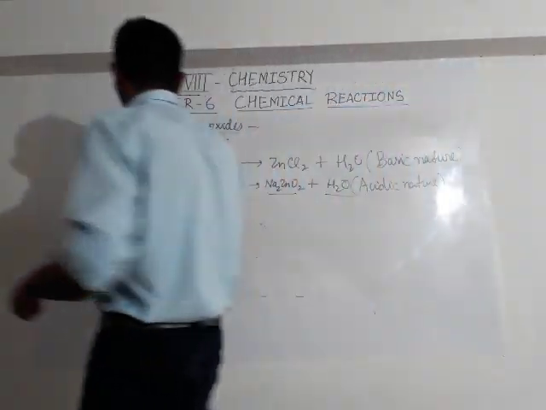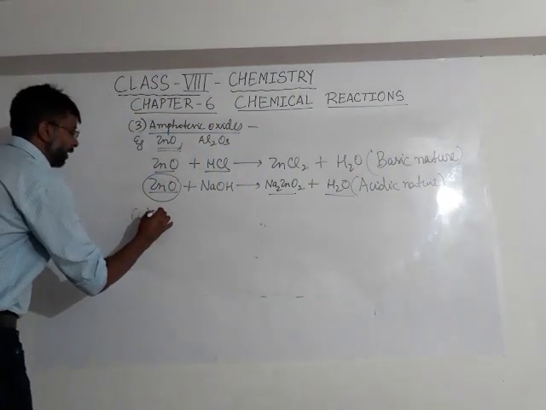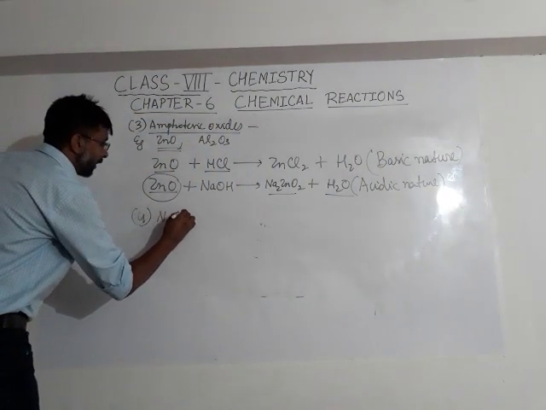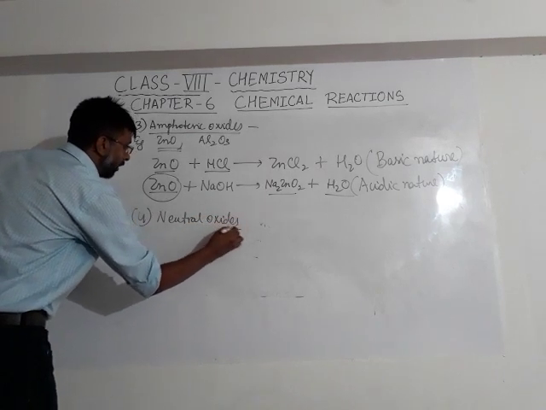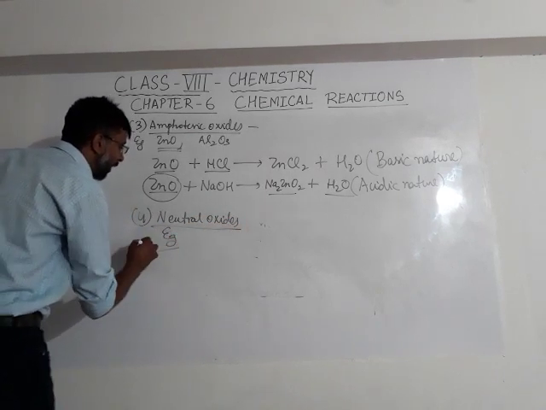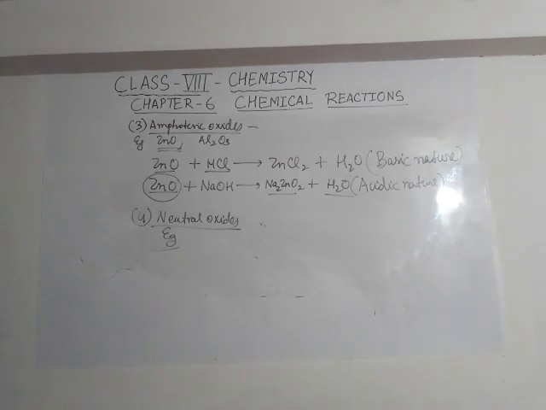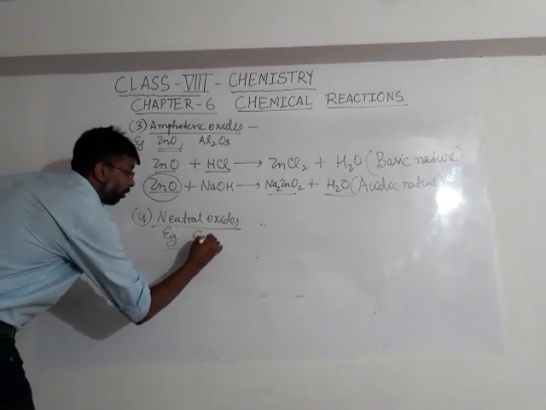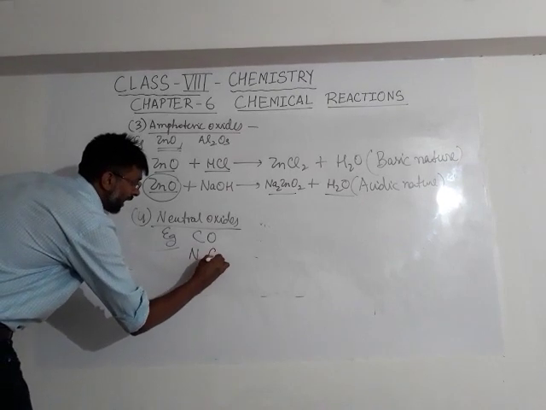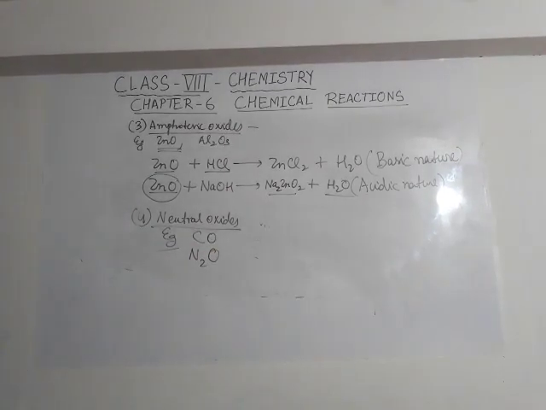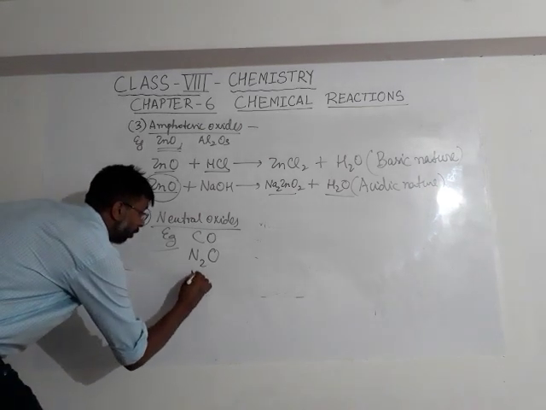The last type of oxide which I am going to mention is called neutral oxides. Only examples are required. Some neutral oxide examples are carbon monoxide, nitrous oxide, and nitrogen monoxide.